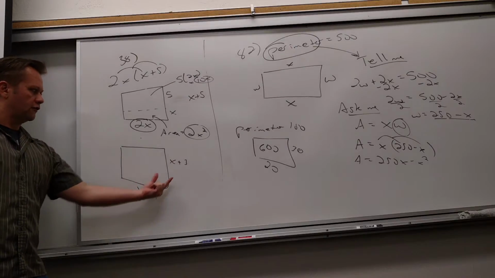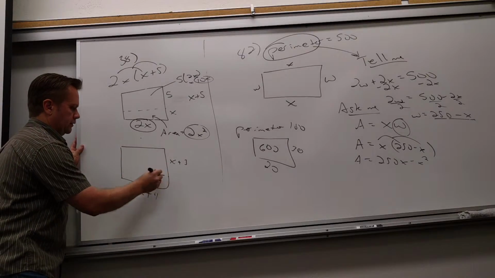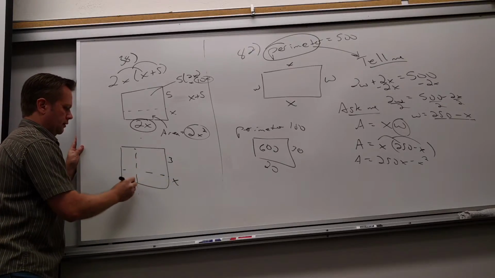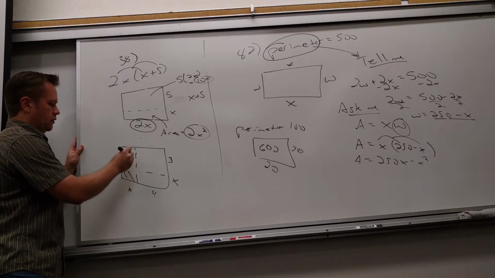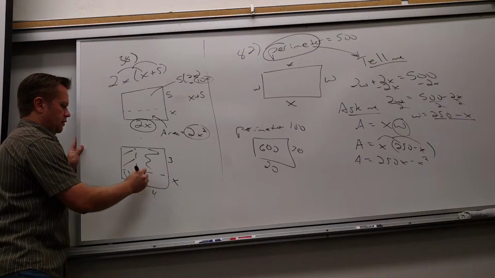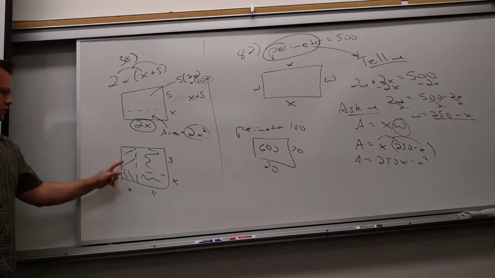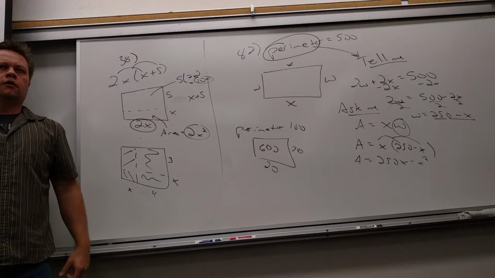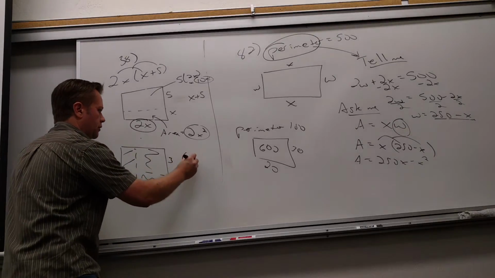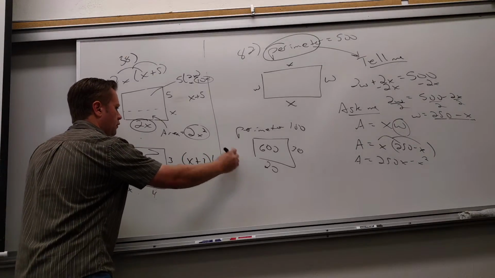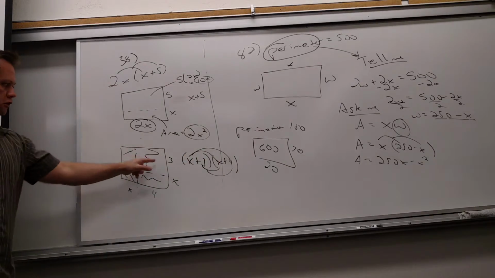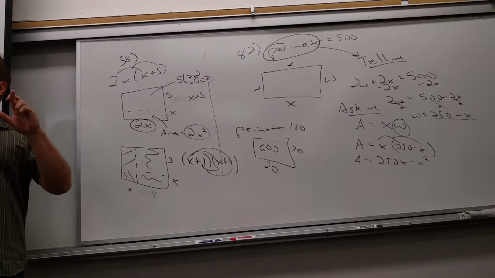In the example they gave you, you have to break it up into an x and a 3 and an x and a 4, and then you have four areas to add together. When I multiply this, how many terms do I get before I combine like terms? 1, 2, 3, 4. That corresponds to the four areas.